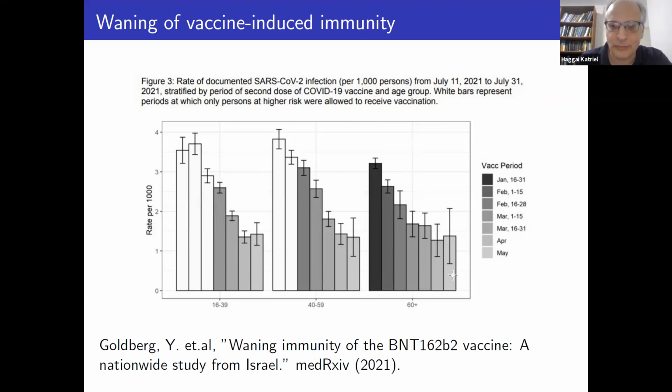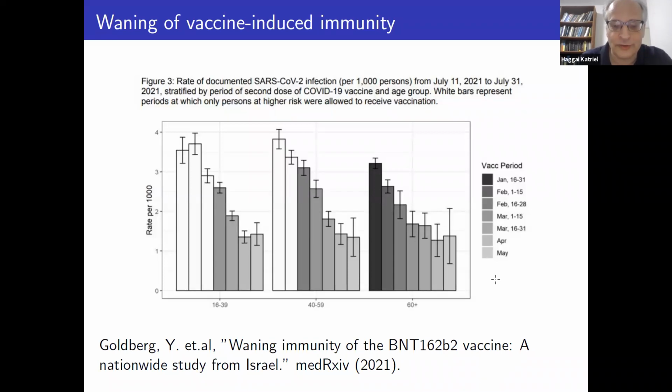You see that the people who had been vaccinated in April, May had much lower rates of infection than those vaccinated in January and February. So what this shows is the waning of the vaccine. We had the Pfizer vaccine, and I think this was the first time this was shown in the world, because we had an early vaccination campaign.